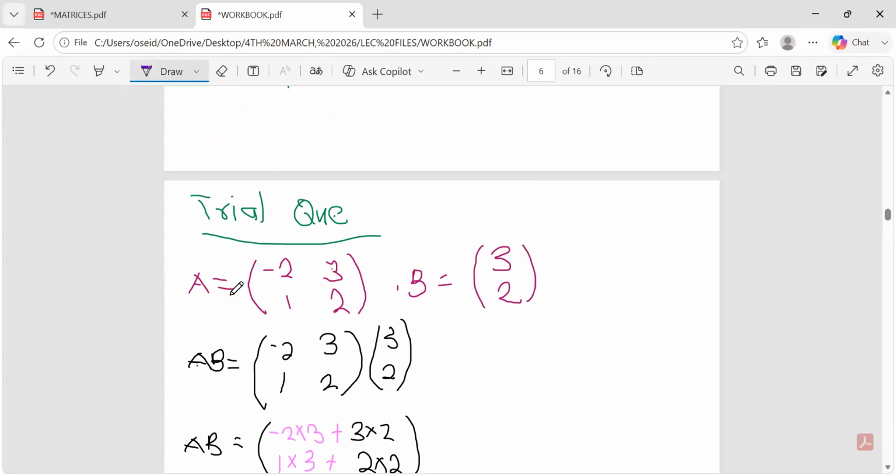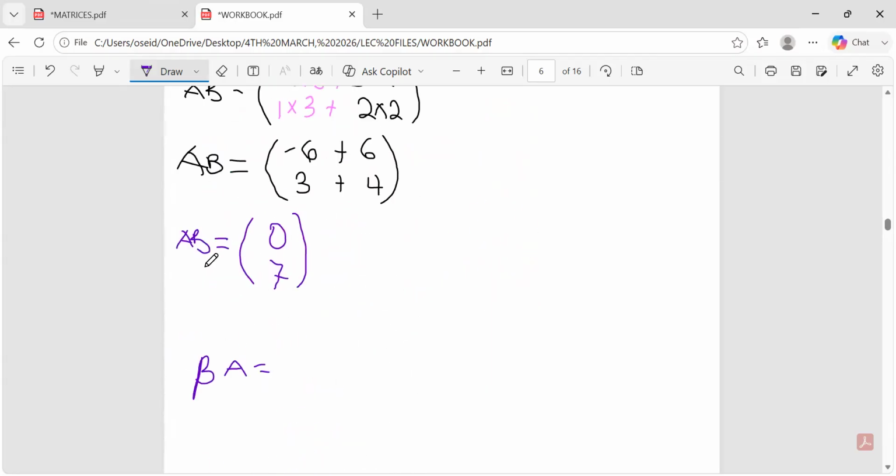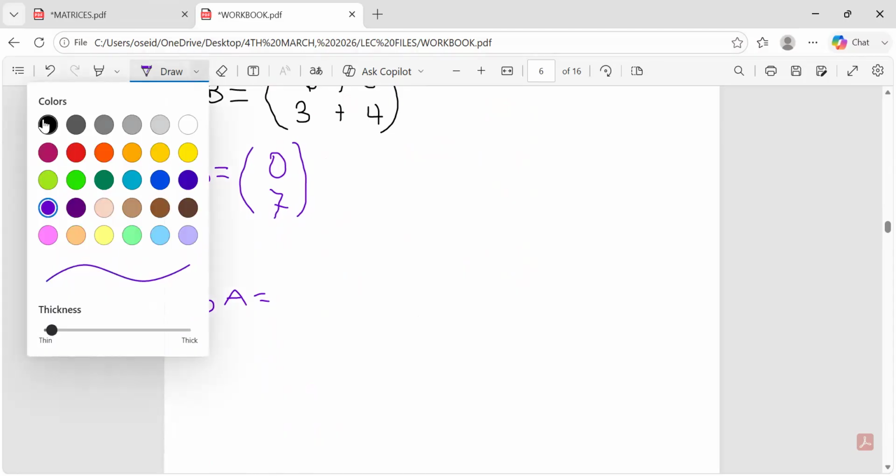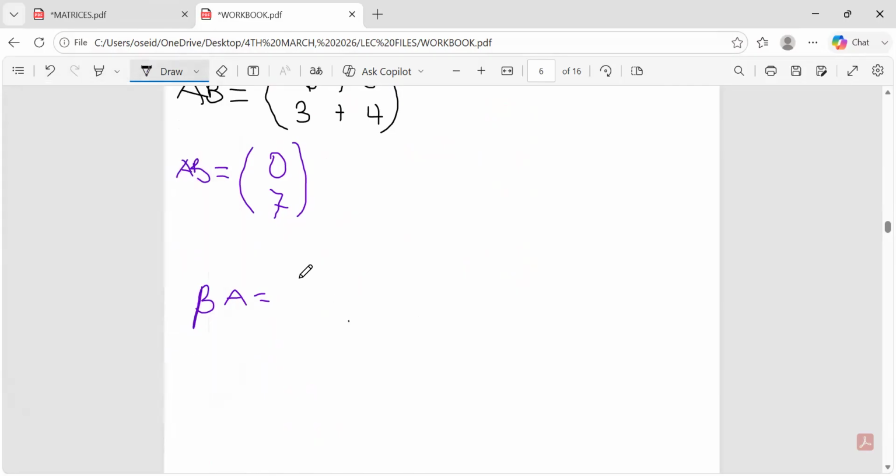So we cannot multiply. Hence, BA cannot be multiplied.